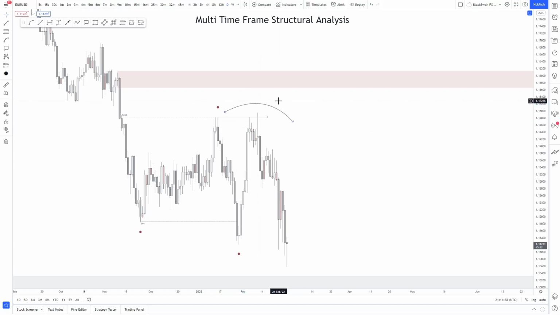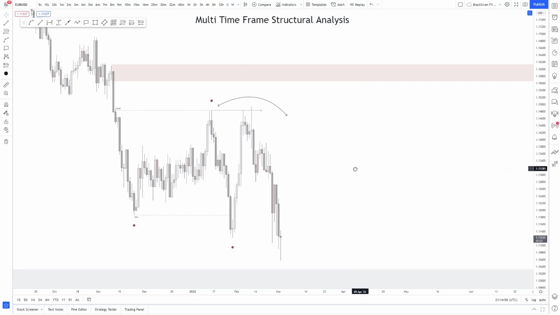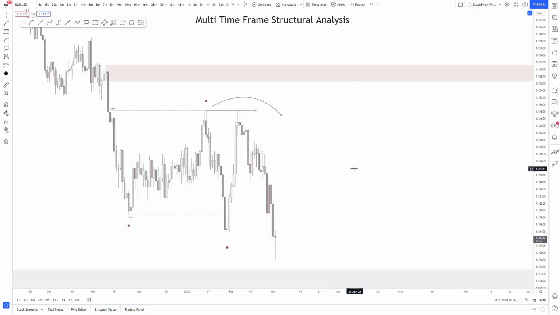So what does this mean? Think about this from a transactional point of view. If price cannot close above or below a point in structure, it means there's a vested interest in keeping price below or above that level. It's only if buyers or sellers are able to close their price above that pricing level that we can consider it a breaker structure.